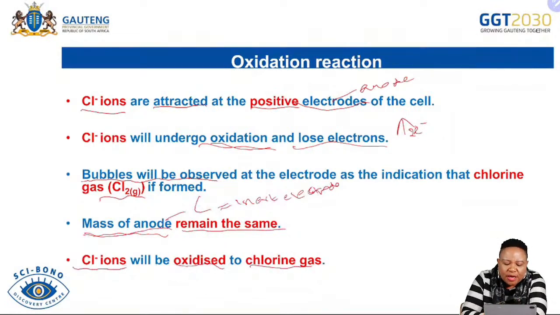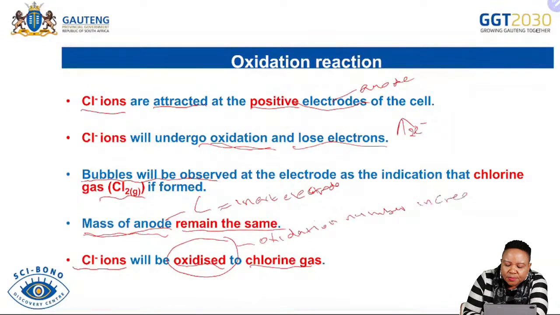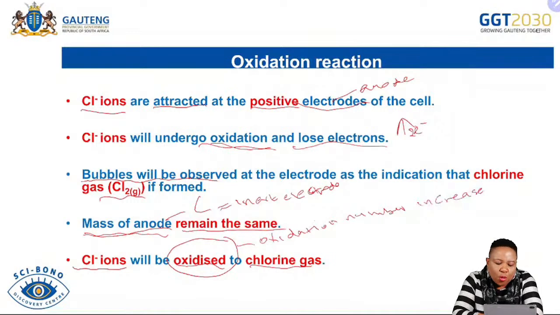So what do we expect to happen? We know that when we say it's oxidized, we mean the oxidation number of chloride ion will increase, because we've seen that chloride ion underwent oxidation and formed chlorine gas.